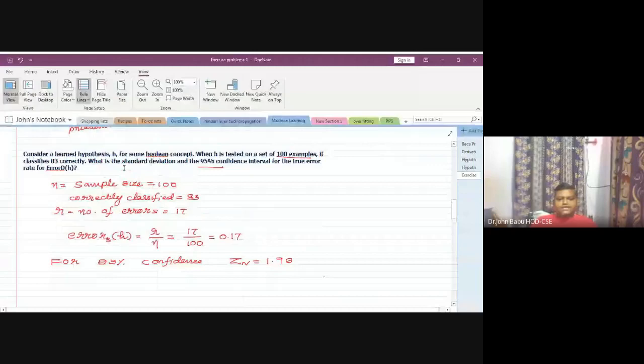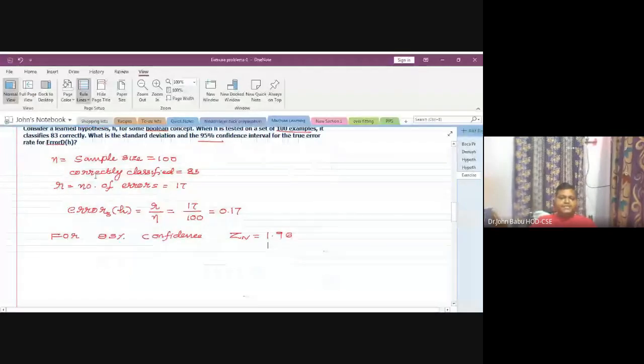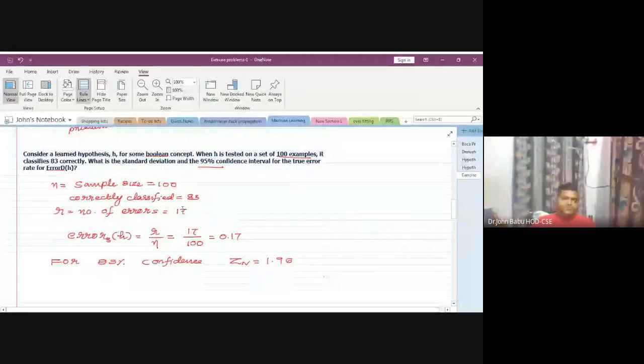what is the standard deviation and the 95% confidence interval for the true error rate for error DH. We want to get standard deviation. What is the standard deviation formula?